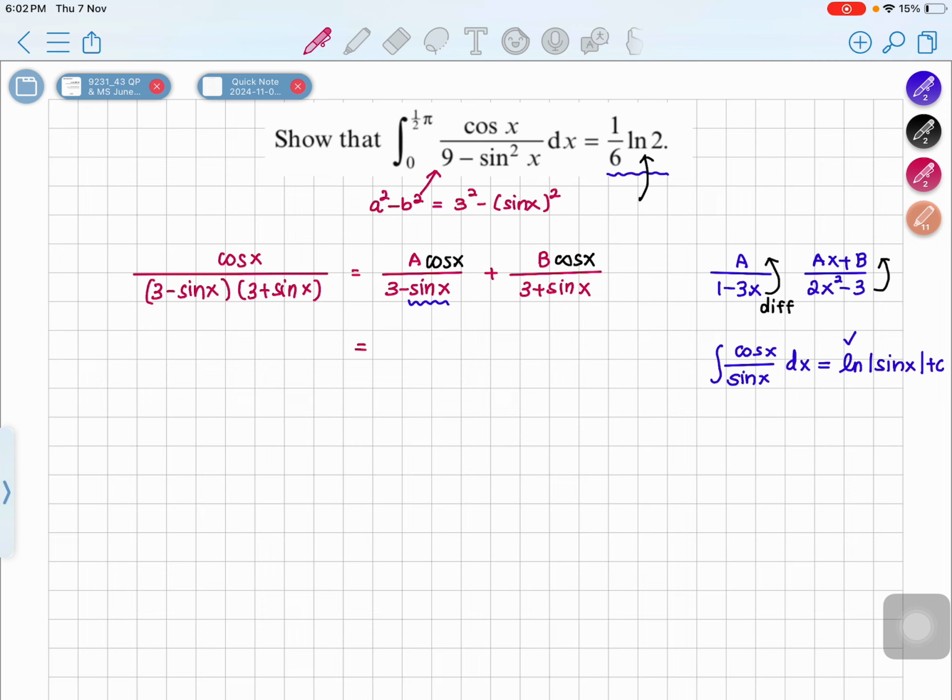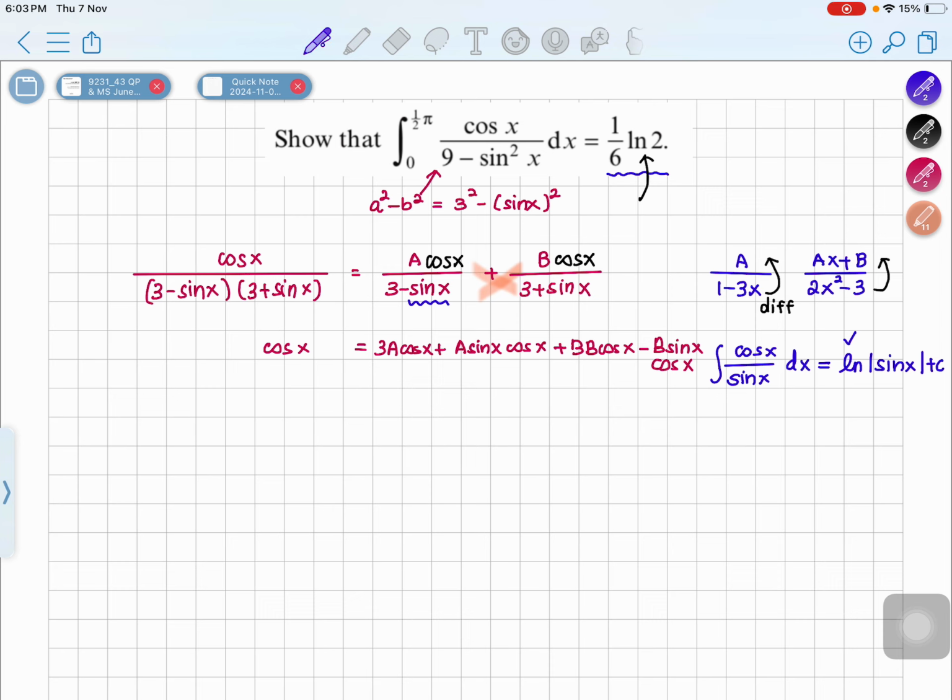So what I will do is cross multiply. Let's see what happens. I will get 3a cos x plus a sin x cos x, and on the other one I'm getting 3b cos x minus b sin x cos x, where I can compare it with my left hand side now, which is cos x.